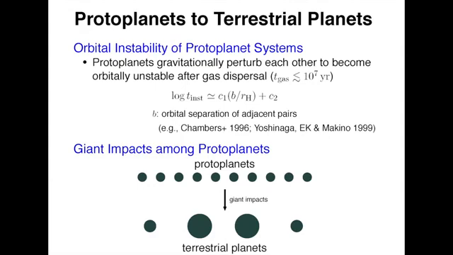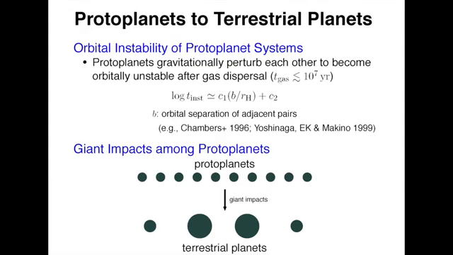From observation, we know the disk lifetime is maybe less than 10^7 years, right? After this time scale, the system becomes gas-free. And from numerical experiments, we know empirically that the time scale given by this equation, with this semi-log dependence, the system becomes unstable.